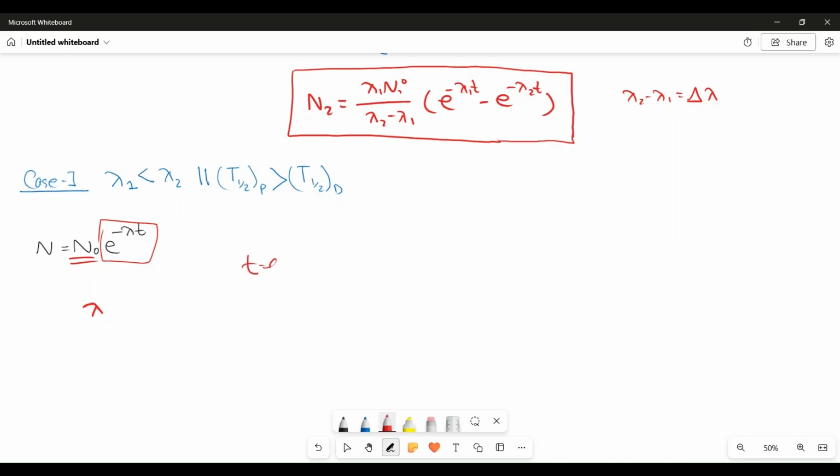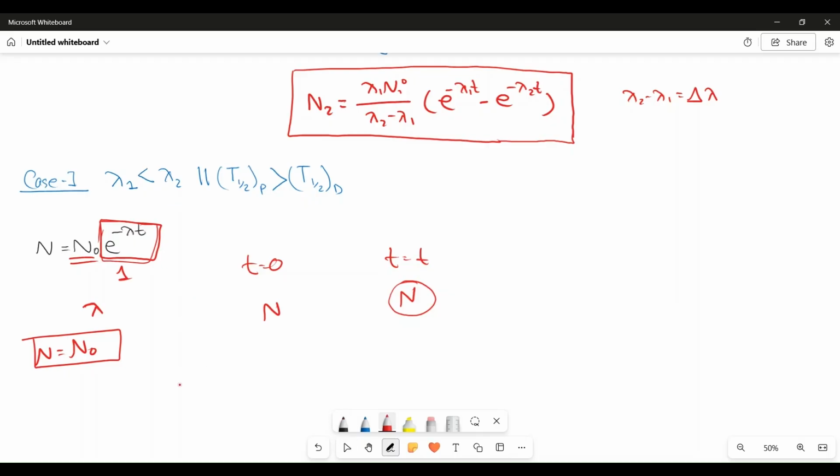So for example, when t equals 0, there was N, and when t equals t, this is almost close to N. Like there is a very small decay and the amount remains nearly N. So basically, when it happens, this thing has to be 1, right? So in that case, N and N naught will be almost equal, right? Almost equal.